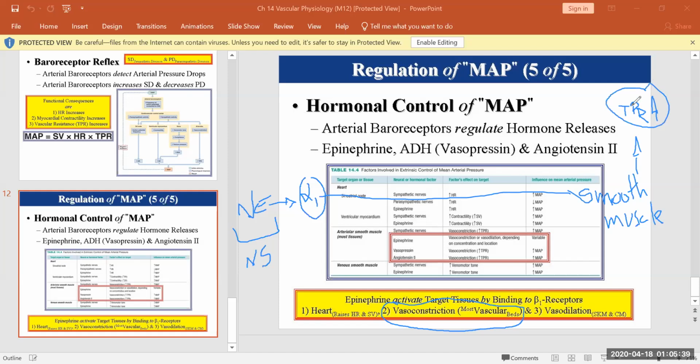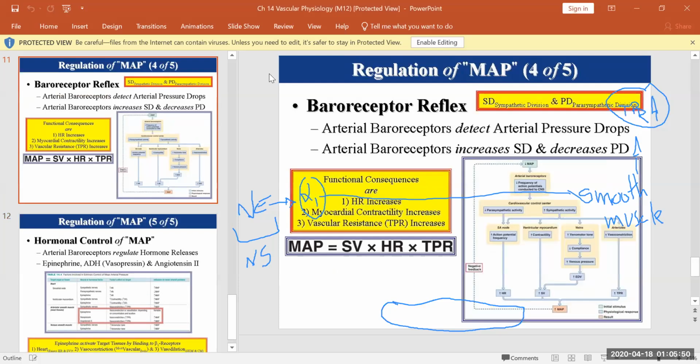And when you increase TPR, if you allow me to go back here, okay, if you increase TPR, you increase MAP, right?